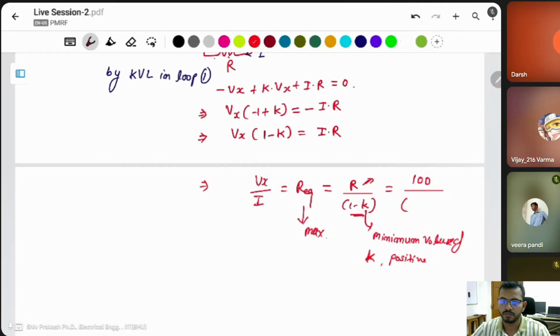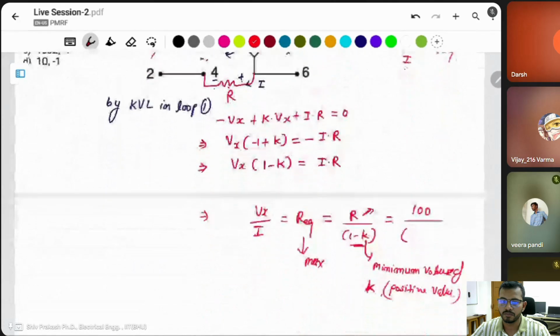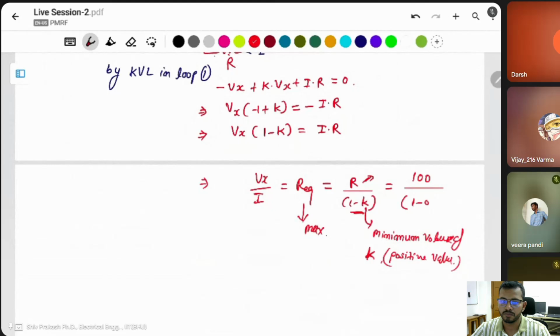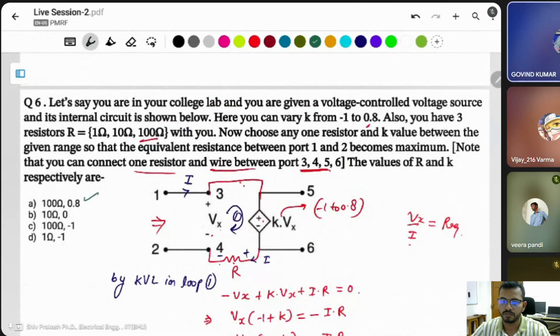That's why take the positive value. The positive value is given as 0.8, in the range of minus 1 to 0.8. That's why this will be 0.8. Then these two are asked in the question: resistance R is 100 ohm, value of K is 0.8.